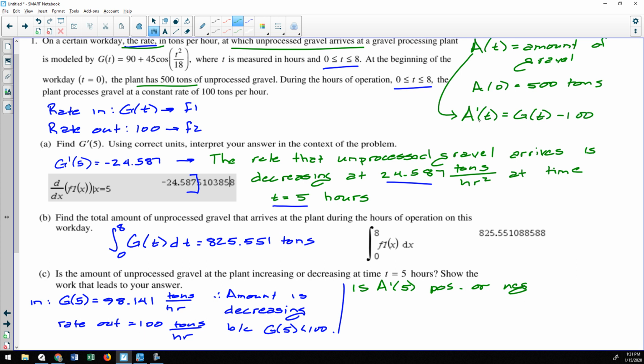And so if I define A prime to be G of t minus 100, then I can find A prime of 5, which will be G of 5 minus 100. And when I throw that in the calculator, we're going to get an answer of negative 1 point something. Negative 1.859 to be exact. That would be measured in tons per hour. And because that is negative, the overall amount is decreasing.